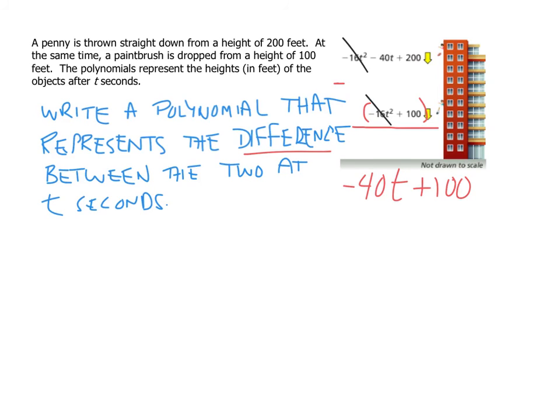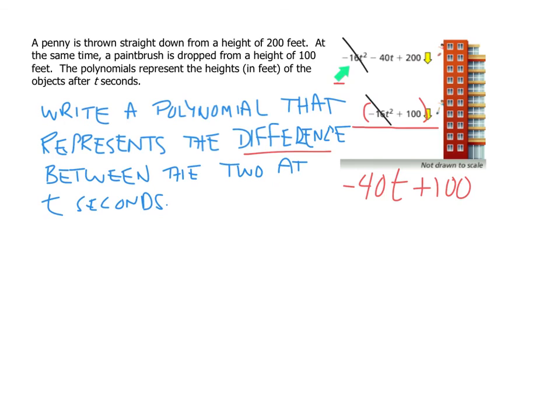So the polynomial representing the difference between the two at t seconds would just be this. And then we can take a look at some of these things, and we'll see more of this as the next few lessons come along.